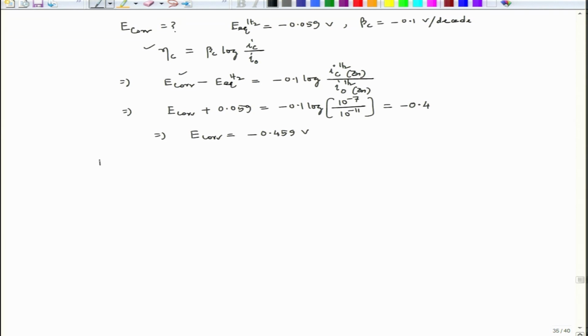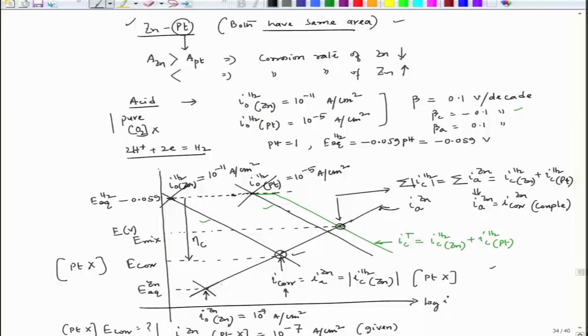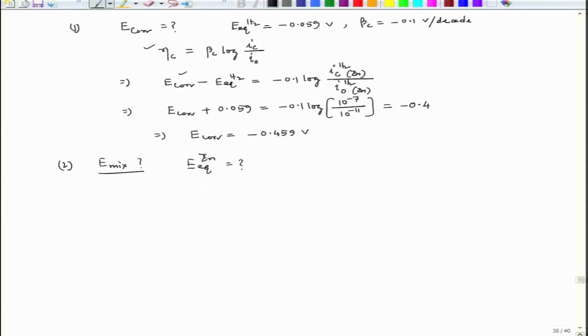Now, this is stage 1. In stage 2, we have to calculate E mix. For that, we need to calculate first E equilibrium zinc. This is also easy because we have to consider the overvoltage eta A. This overvoltage is beta A log of IA over I0 zinc over zinc surface.